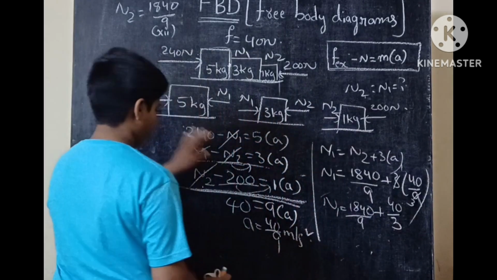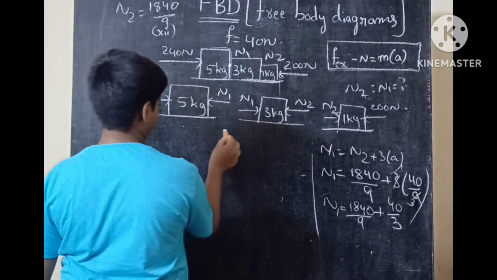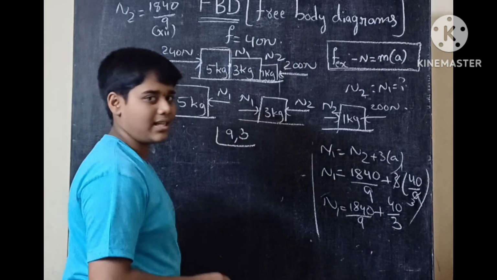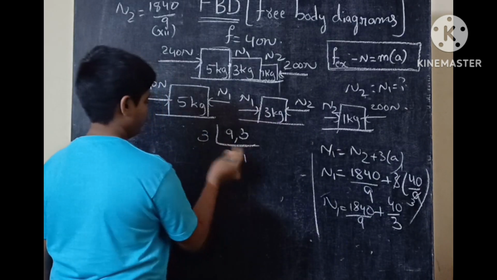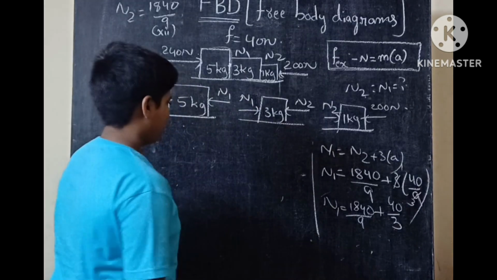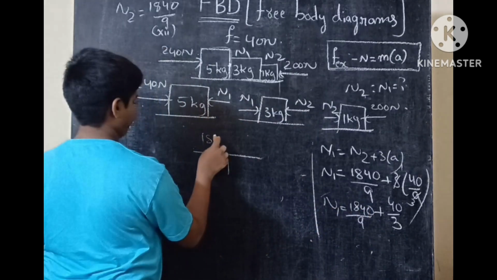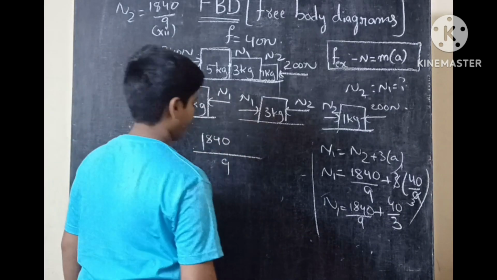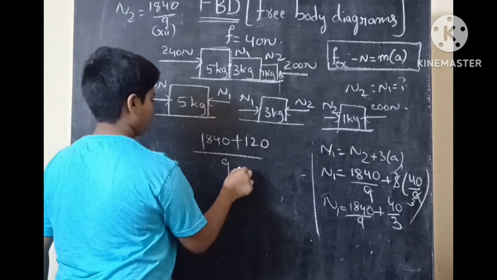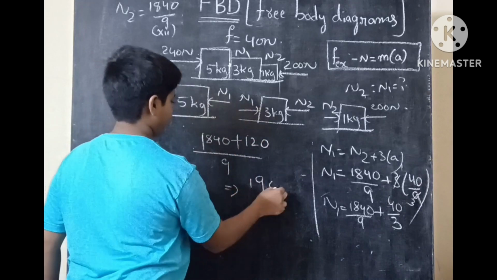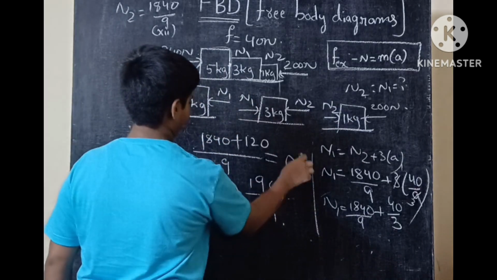The LCM is 9. So 1840 into 1 is 1840, plus 40 into 3 is 120. So the resultant is 1960 by 9. Okay, so this is the value of N1.